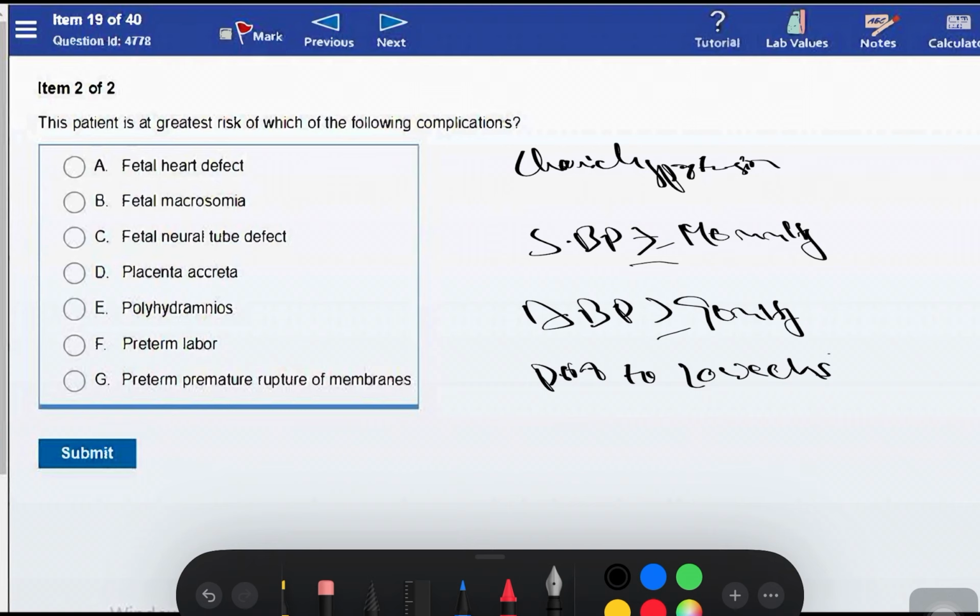This was the diagnosis of question number 13, part one.